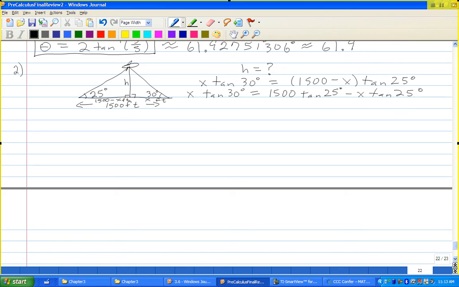Okay, so I have that X tangent of 30 degrees plus X tangent 25 degrees is equal to 1500 tangent 25 degrees.